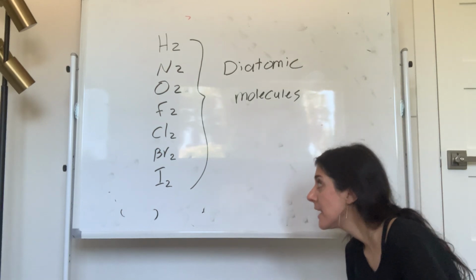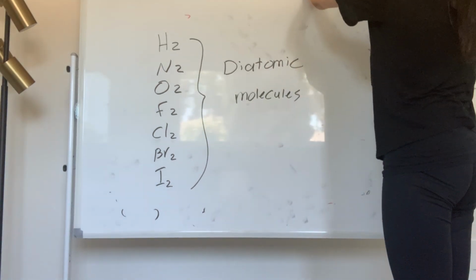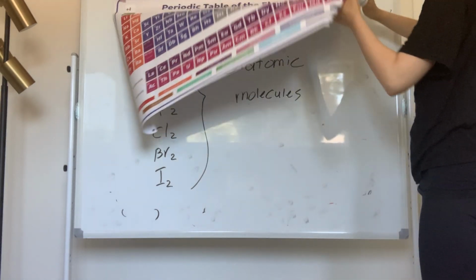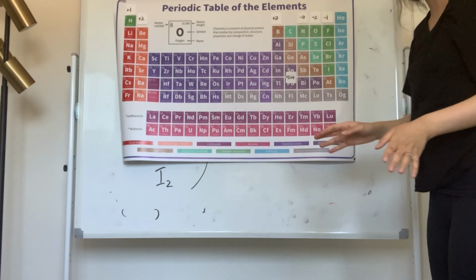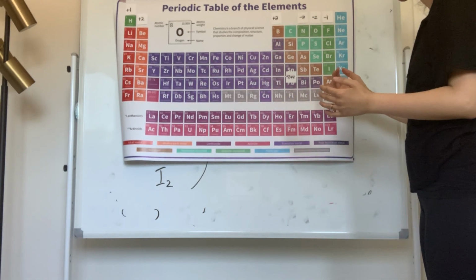So far, so good. Now, one thing to kind of remember, I still have my periodic table over here, which is stuck now. Okay. And it's actually pretty easy to remember them because they make an upside down L on a periodic table.